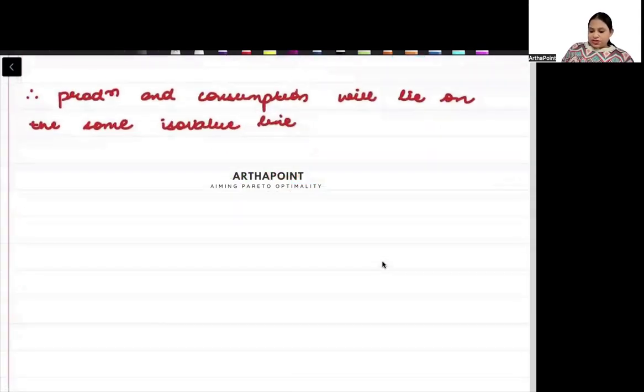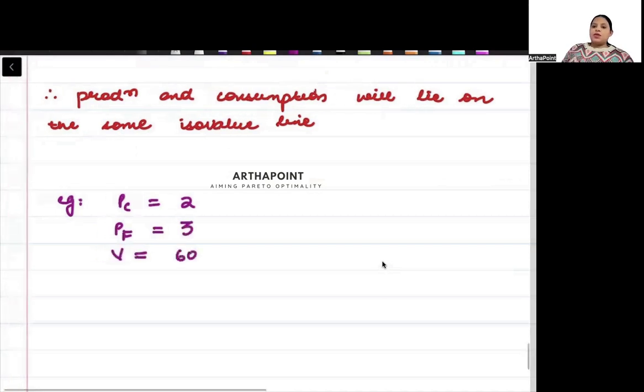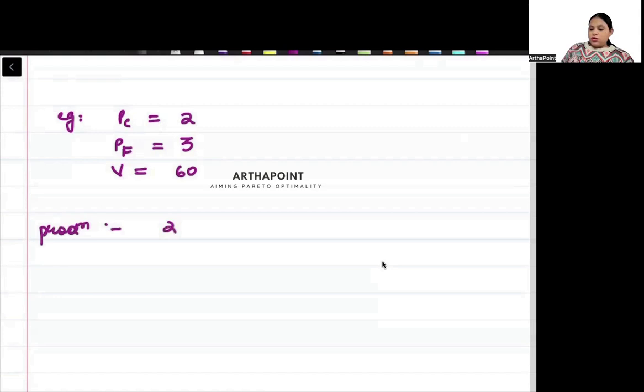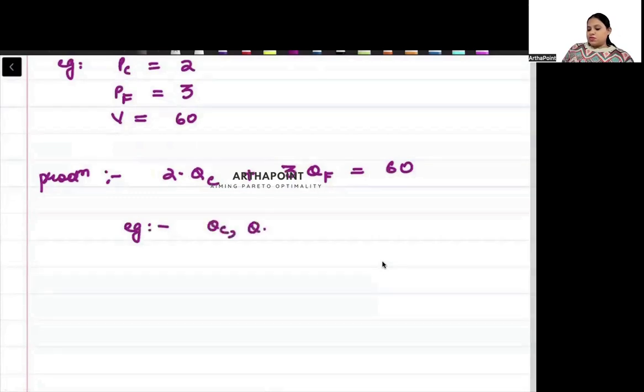Let me give you an example. Just for example, if I tell you price of cloth is 2, price of food is say 3, and the value that I am creating is say 60. So my production equation will be 2 times quantity of cloth plus 3 times quantity of food equals value. Suppose your production bundle can be this.